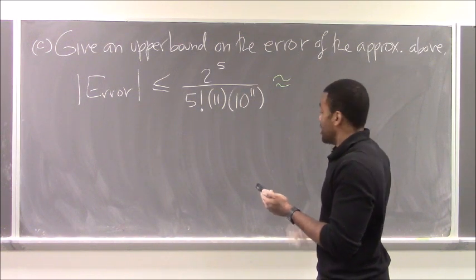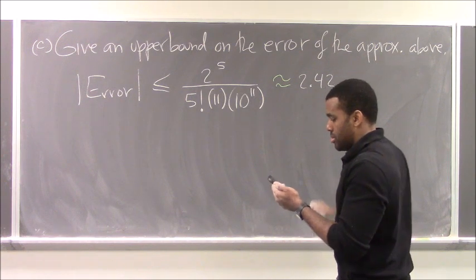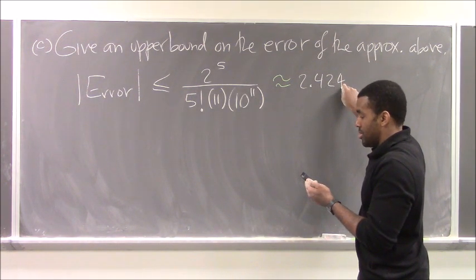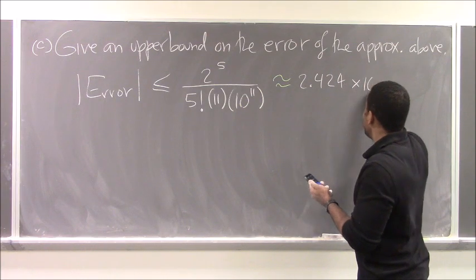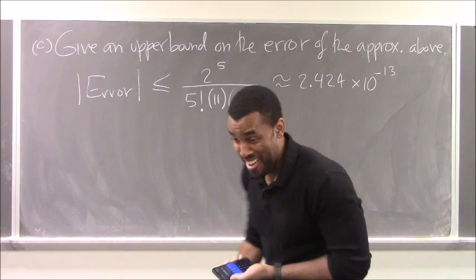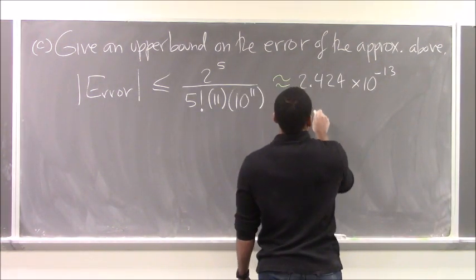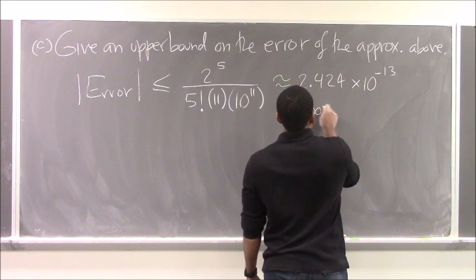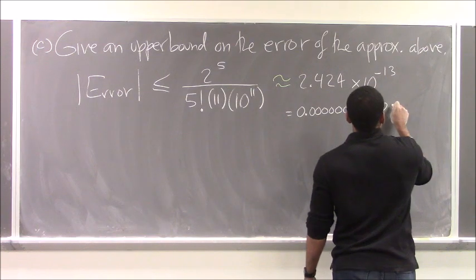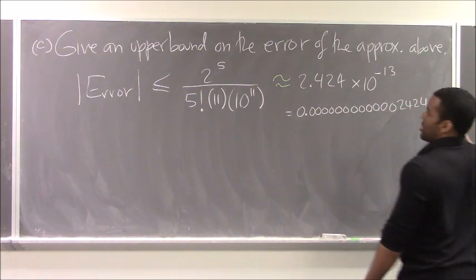This is 2.424 times 10 to the minus 13. Isn't that crazy? So this is actually 0.1, 2, 3, 4, 5, 6, 7, 8, 9, 10, 11, 12, 2, 4, 2, 4.